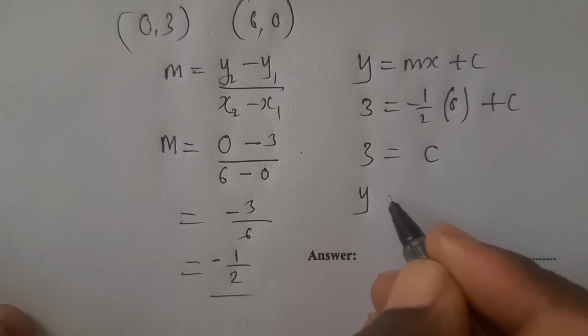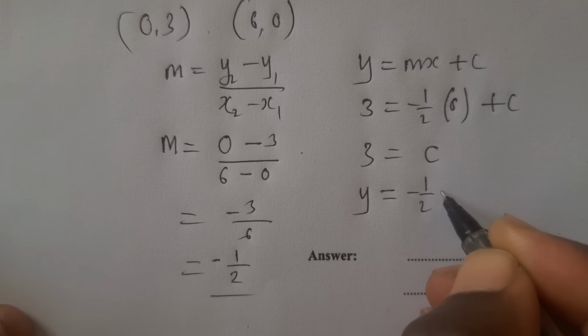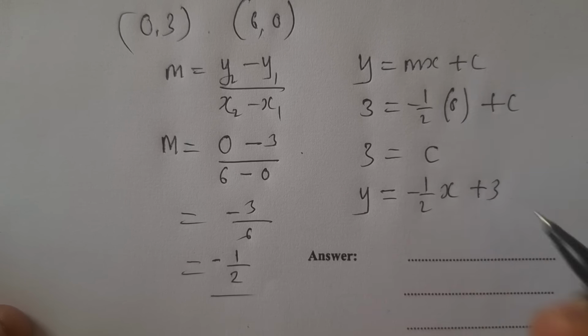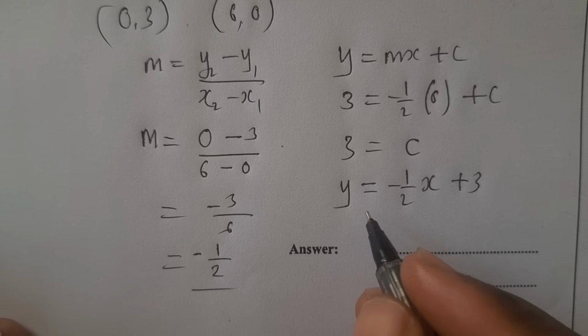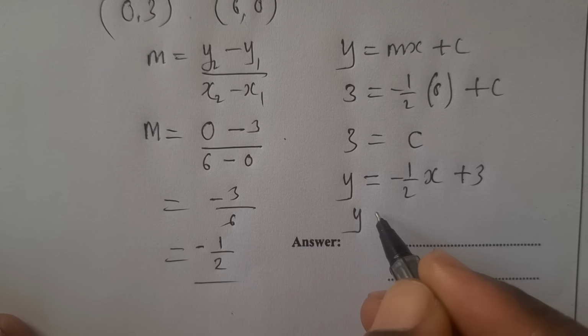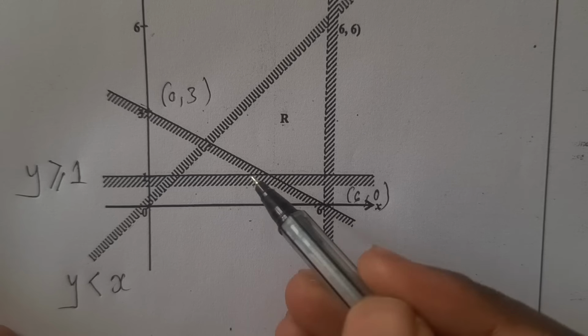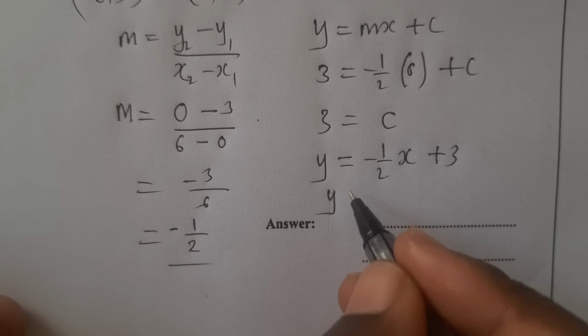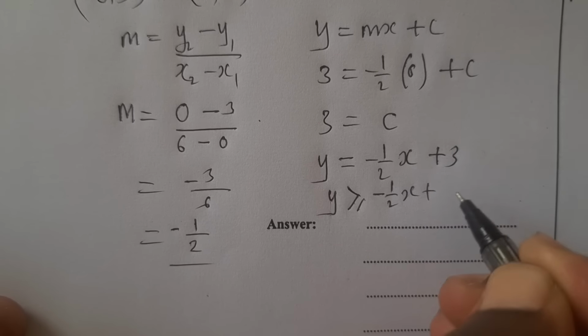Then we can say y is equal to negative 1 over 2 x plus 3. So where this line is shaded, it's at the bottom here. So we can say y is greater or equal to -1 over 2x plus 3.